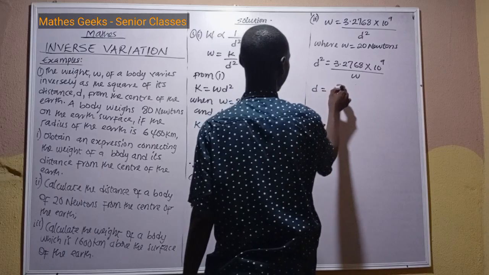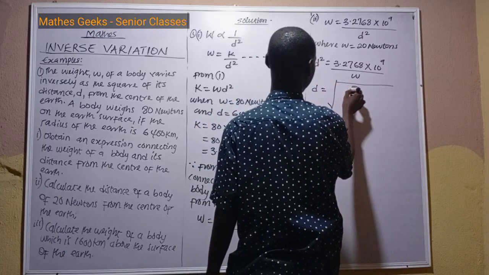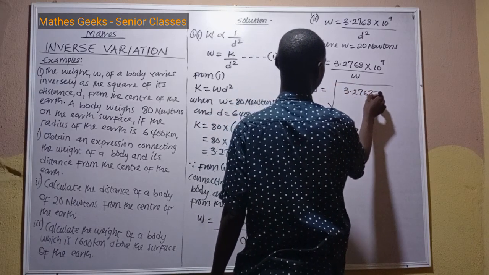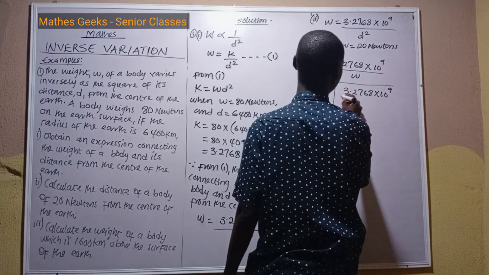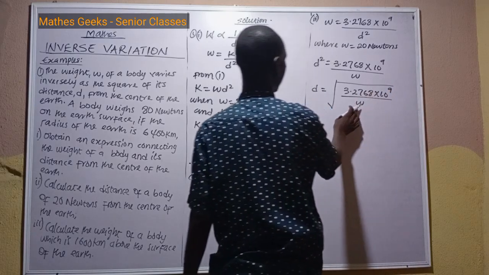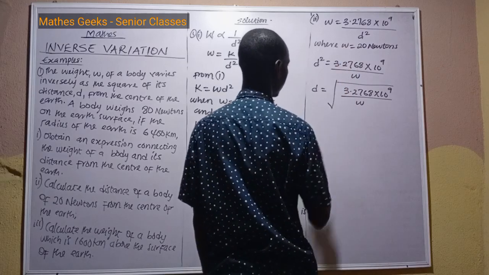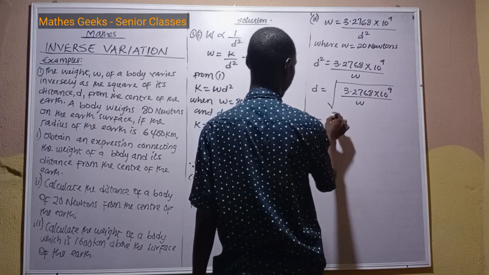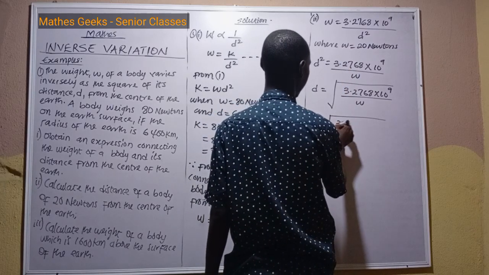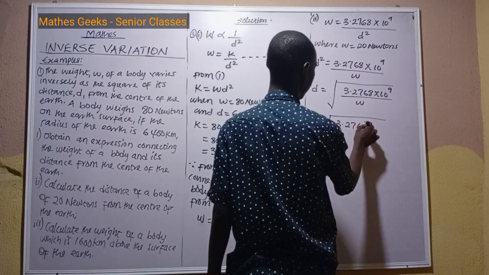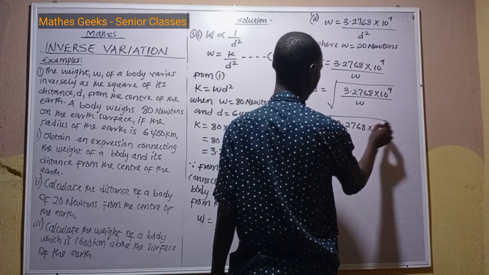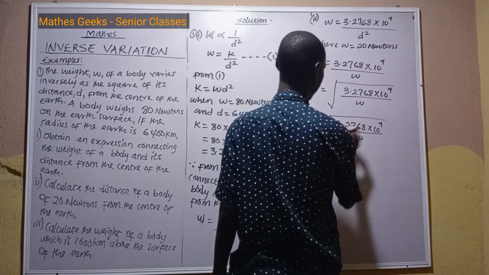So d is equal to the square root of 3.2768 times 10 raised to the power of 9 over W. Now we're told that W is 20 newtons. That's the value given to W. So d is equal to the square root of 3.2768 times 10 raised to the power of 9 over 20.